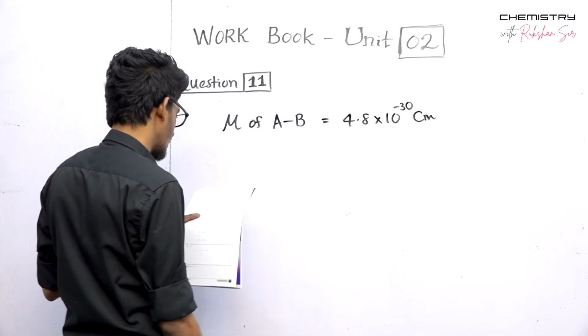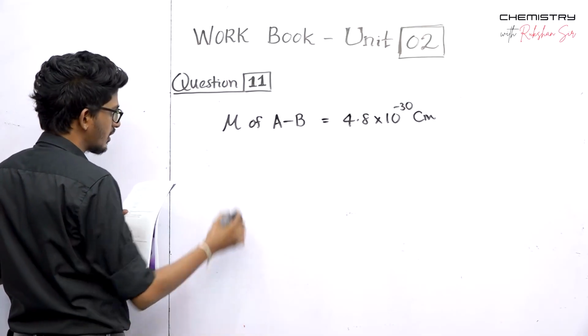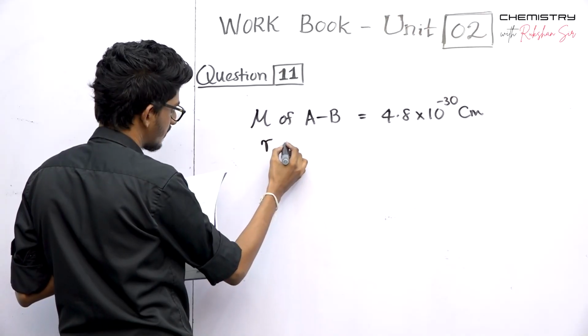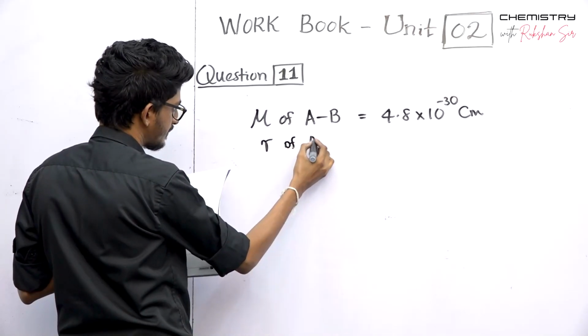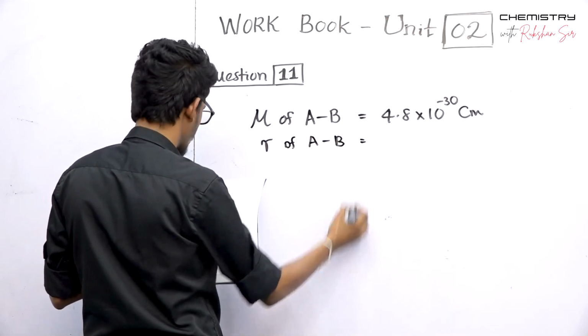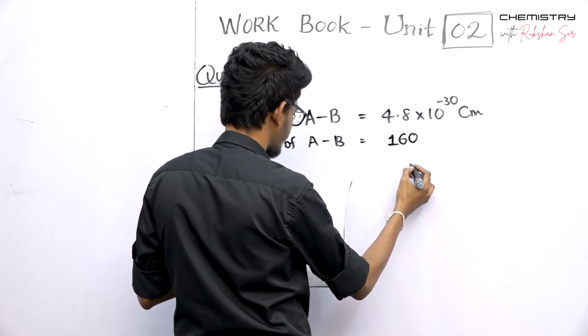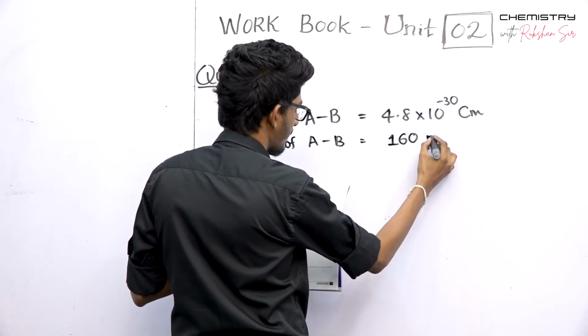Then the bond length of AB is also given. Bond length is normally written as r. It is also given as 160 picometers.